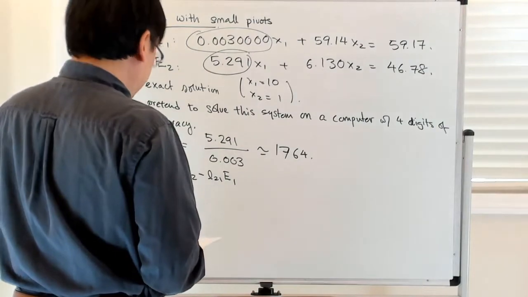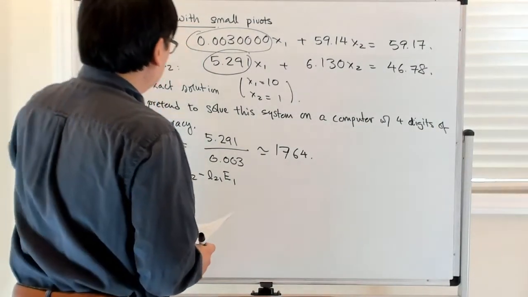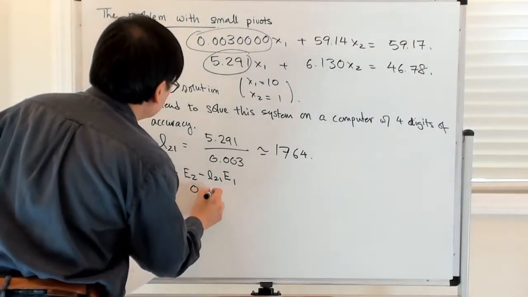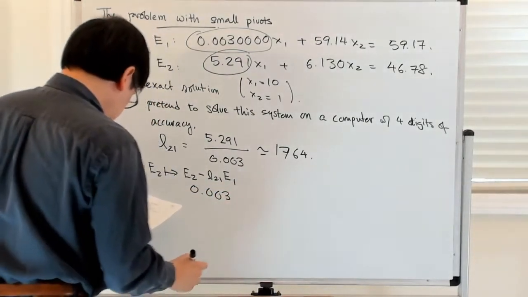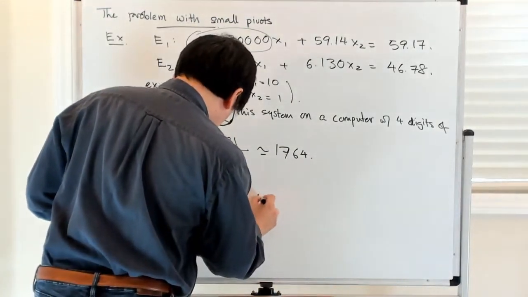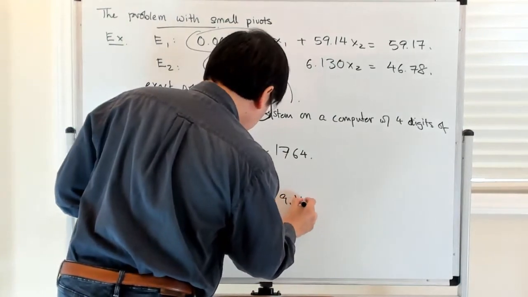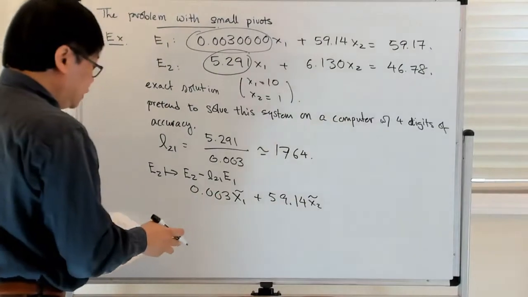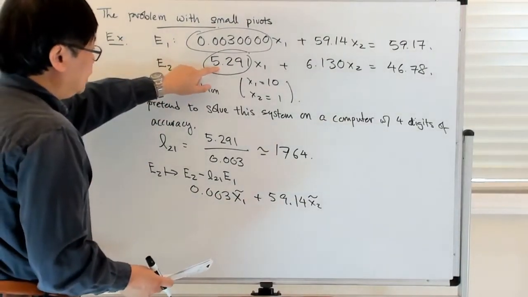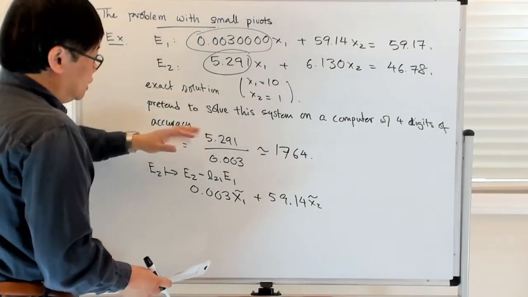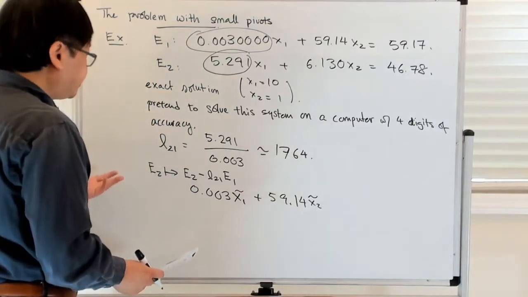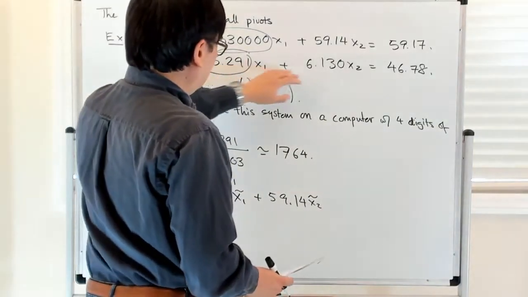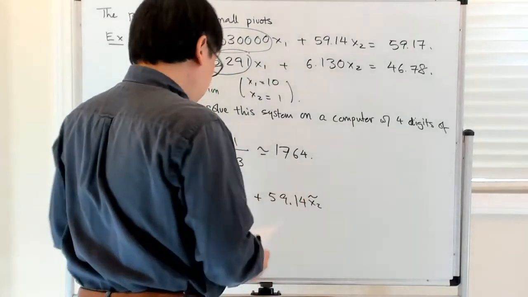All right, so I'm left with 0.003 x1 plus 59.14 x2. I'm going to put a tilde here to represent the fact that this second equation has somehow been contaminated, if you will, by round-off error.